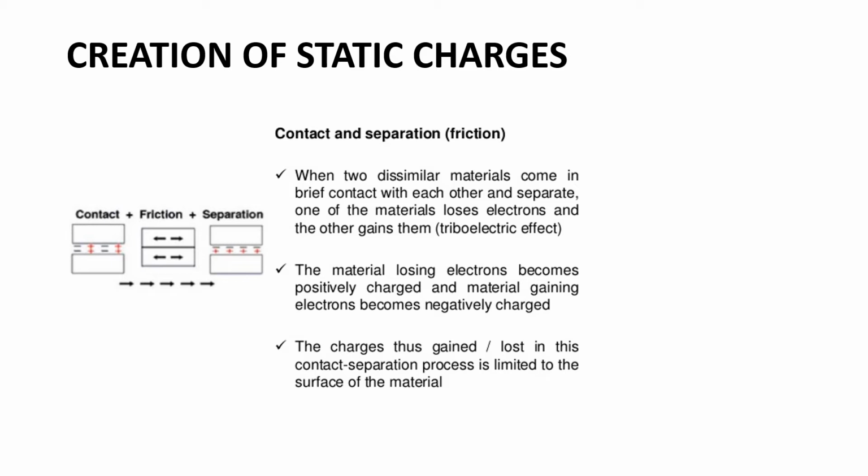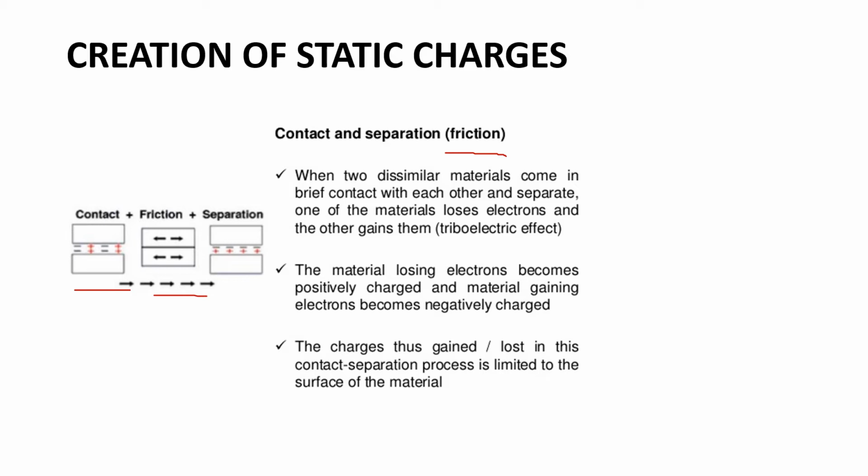These static charges are created by friction. In friction, two objects with different charges come into contact and get separated. Here you can see, when two dissimilar materials come in contact with each other and separate, one of the materials loses electrons while the other gains electrons.